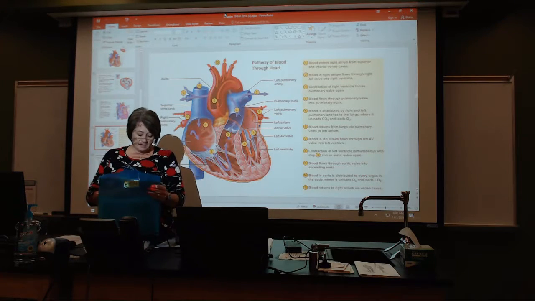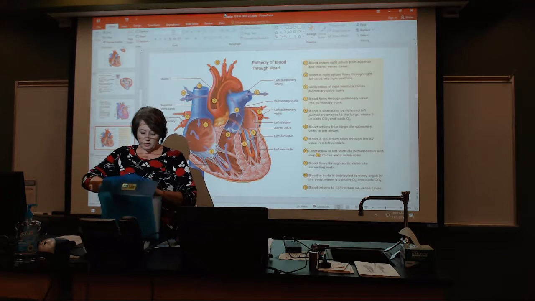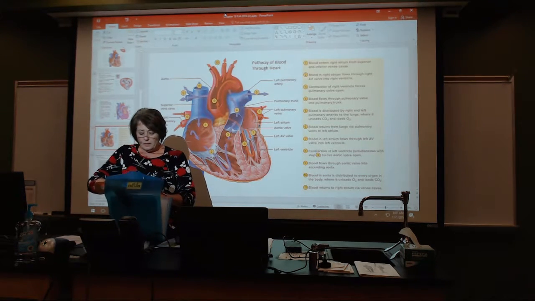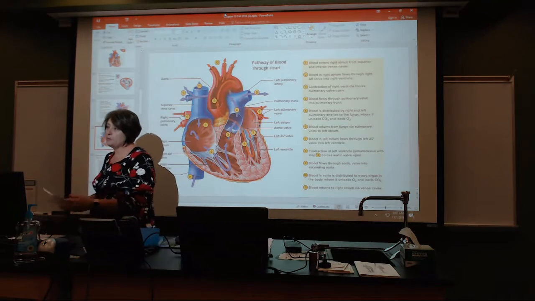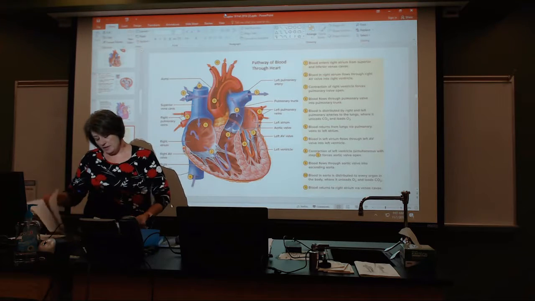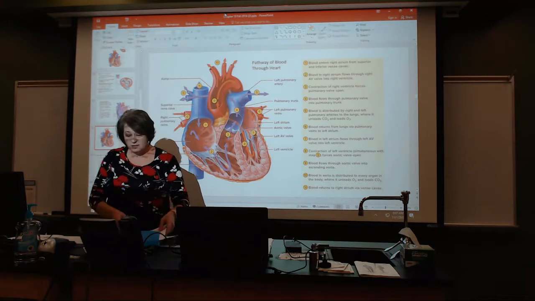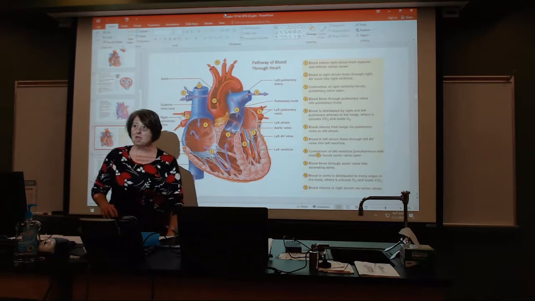One of the things that I try to make sure to get across is how in the circulation from the heart, one of the things we have to remember is our pulmonary circuit. Does everybody remember that?